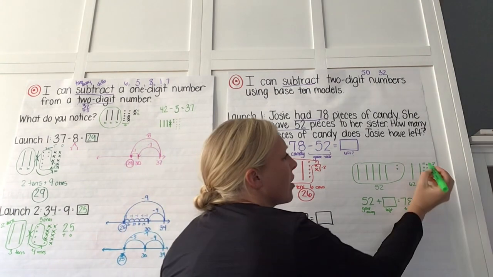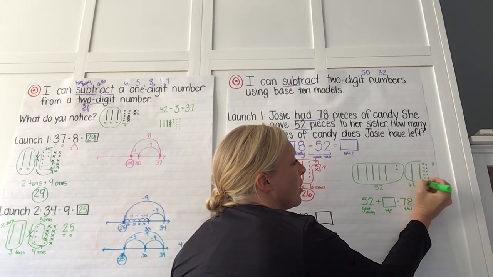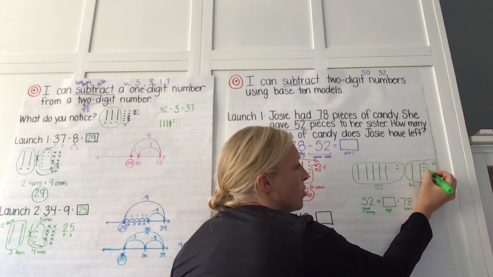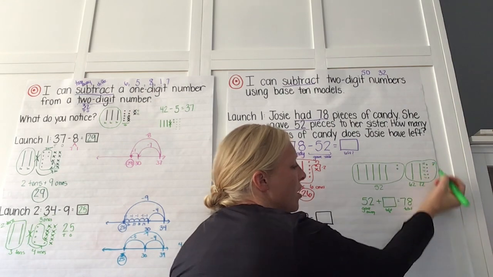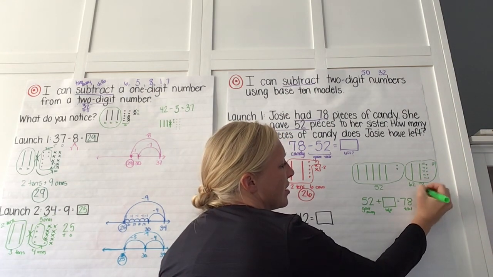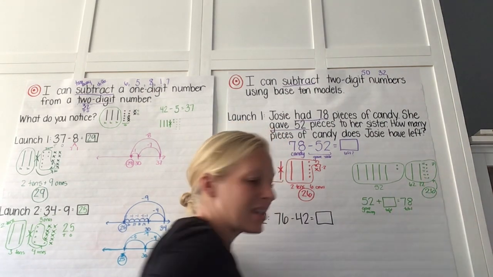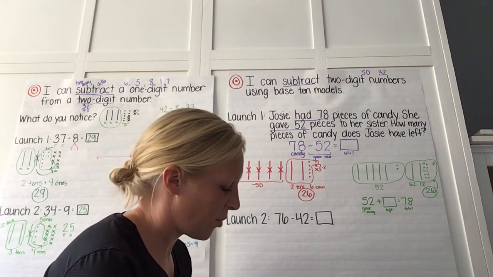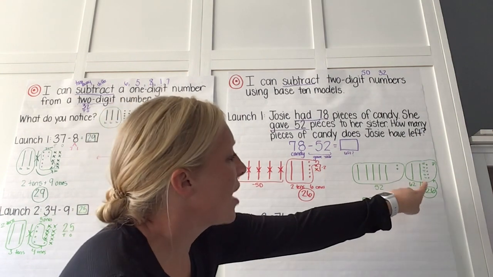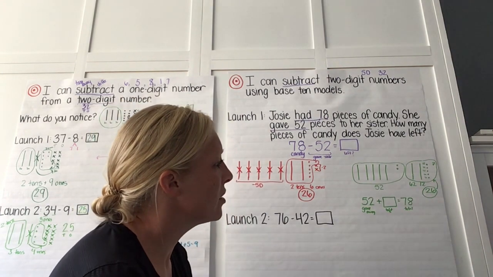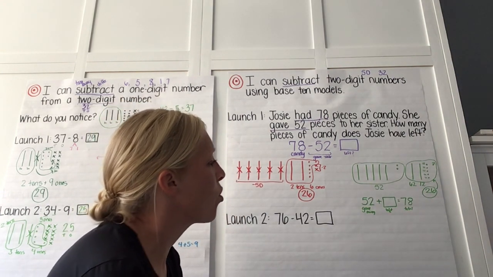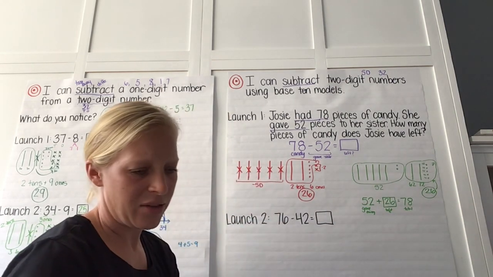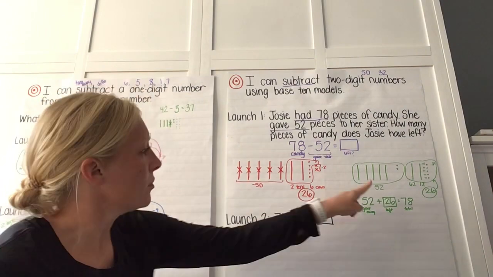Where is that in the work? 10, 20, 21, 22, 23, 24, 25, 26. There's 26 that you added on. So when you were counting on, you counted on by tens and then by ones, and you had 26 more that you added. What do you notice, friends, about these two pieces of work?